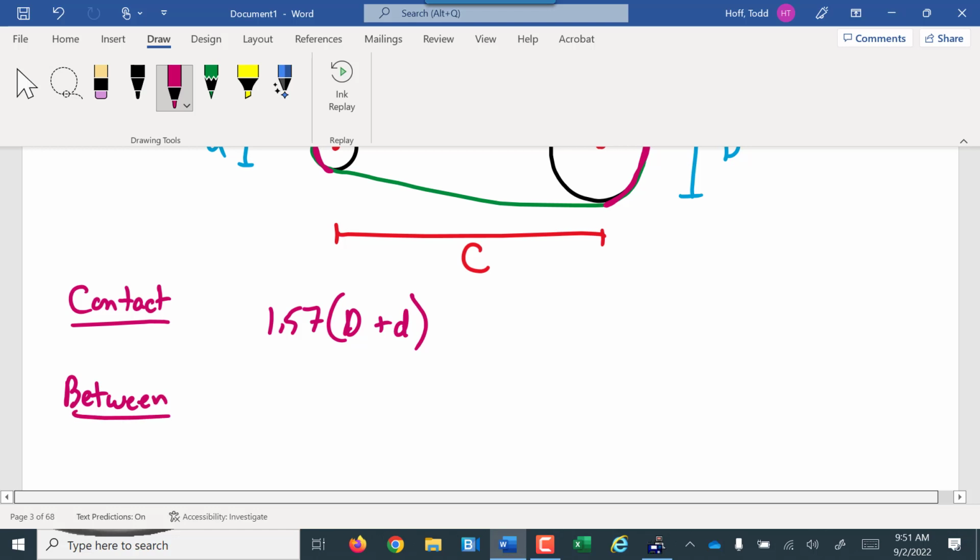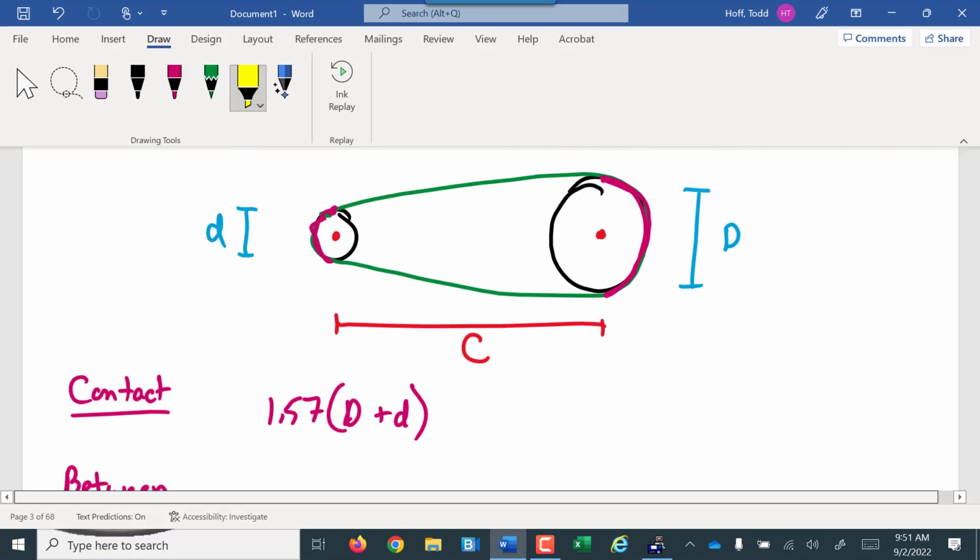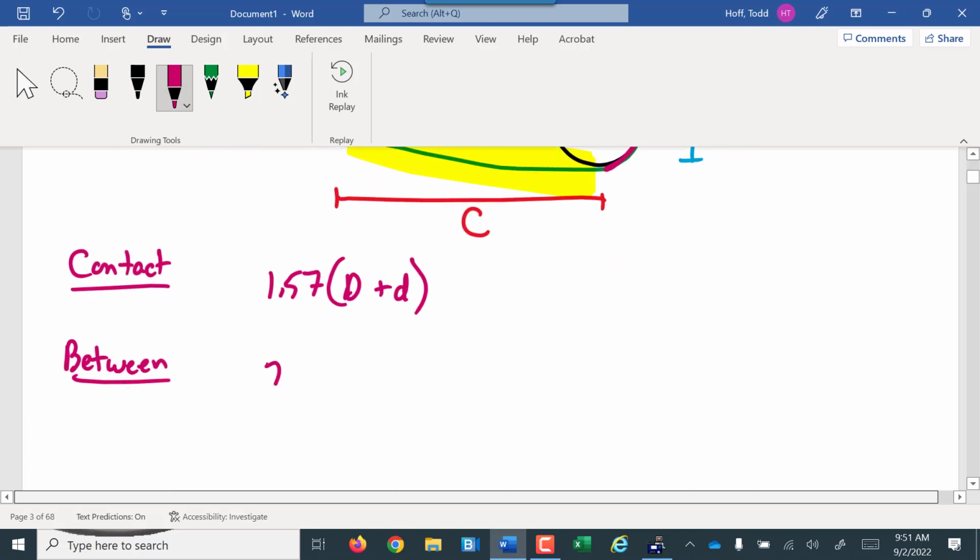And then there's the amount of belt that goes between the pulleys. That's this portion here and here. Well, the length of each of those is approximately that center to center distance. So there's two of those. If your pulleys are really close to the same size, this is enough to calculate the length of the belt.